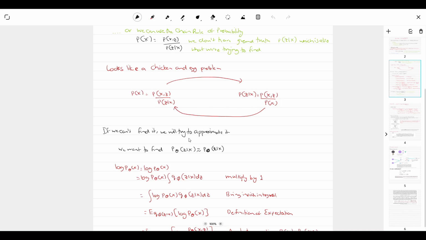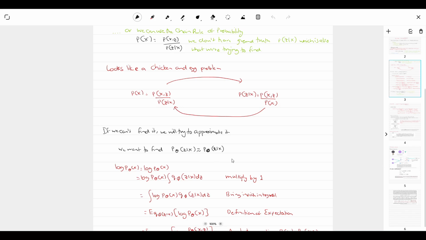Since we can't find the exact p(z|x), the solution is to approximate it. This is where the variational part of VAE comes in. We introduce a second distribution q(z|x), which is defined by our encoder network. This network is parameterized by phi, and its job is to give us an approximation of the true intractable posterior p theta of z given x. So we want to find this particular term here. Sorry, it should have been q phi of z given x in this particular part.